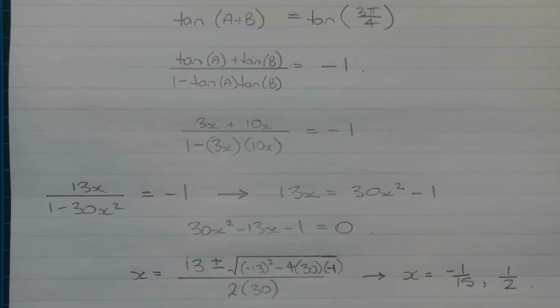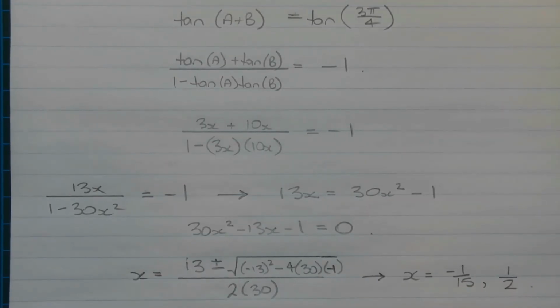So using the quadratic formula, x is equal to 13 plus or minus the square root of negative 13 in brackets squared minus 4 times 30 times negative 1, over 2 times 30. And we get these two solutions: x is equal to negative 1 over 15 and x equals 1 over 2.